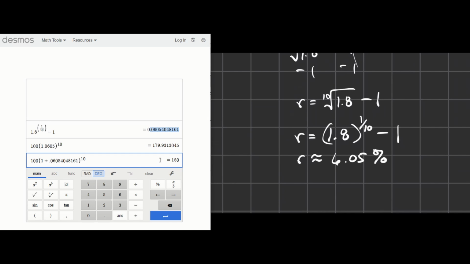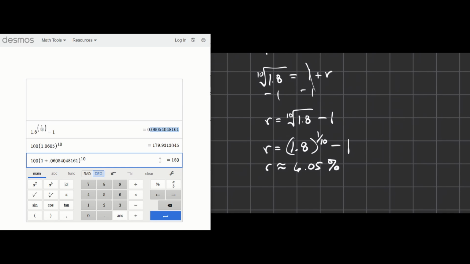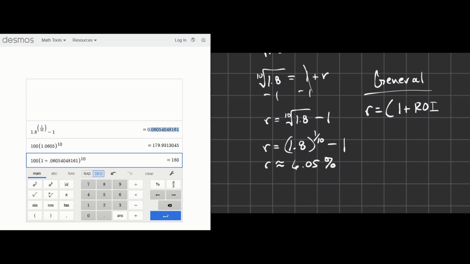That's an 80% return. So if you're curious what formula you can use, like if you want to run these numbers in a spreadsheet or something, the general formula would be to say that your annualized rate is going to be 1 plus your rate of return, okay, so your ROI, or your return on investment.